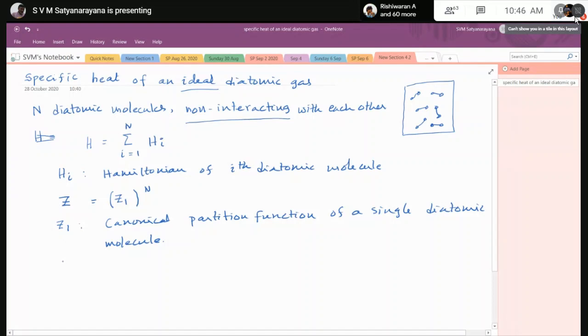So the Hamiltonian for a single diatomic molecule. How do you write this Hamiltonian?